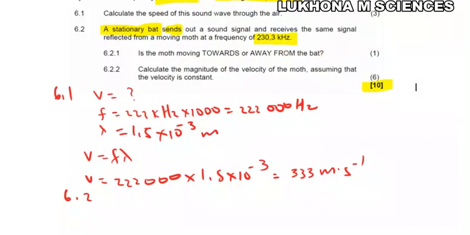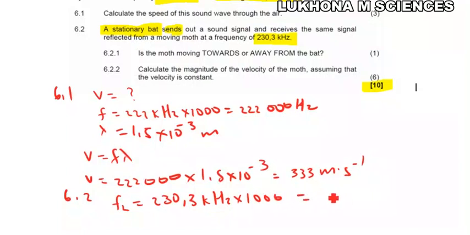So we are given the frequency that is reflected and received, which we can say is fL because it is received. So 230,3 kilohertz. We have that kilohertz, which means we are going to multiply by 1000.